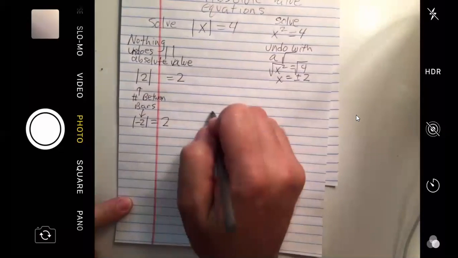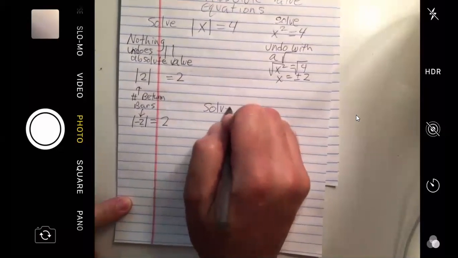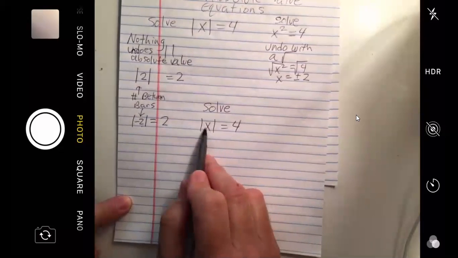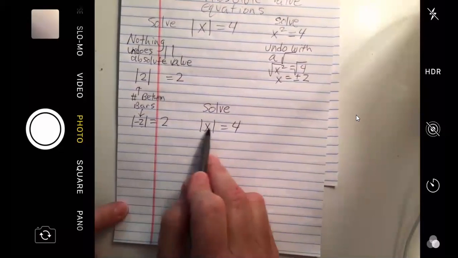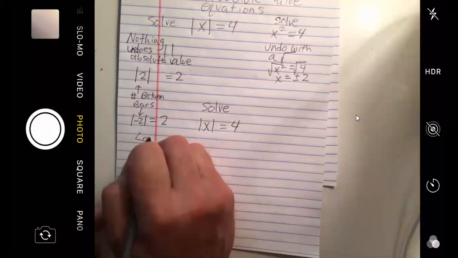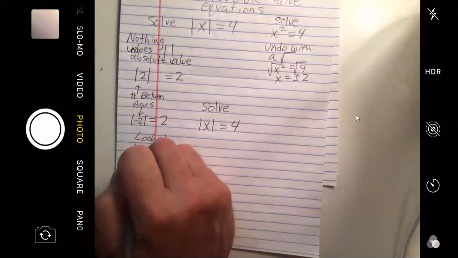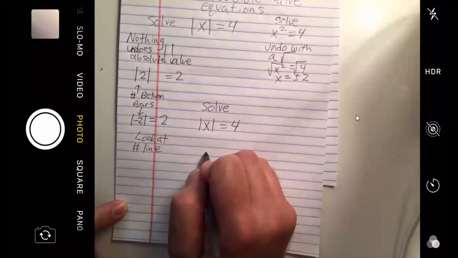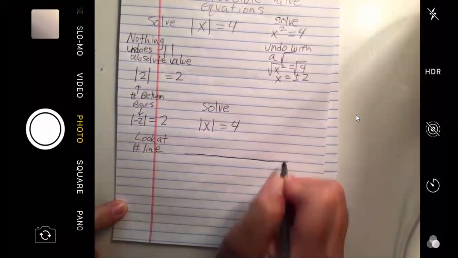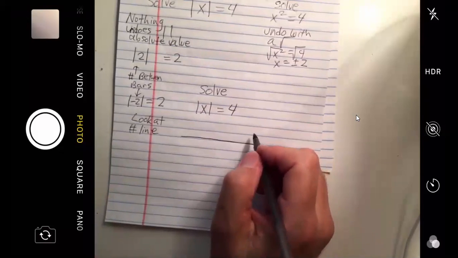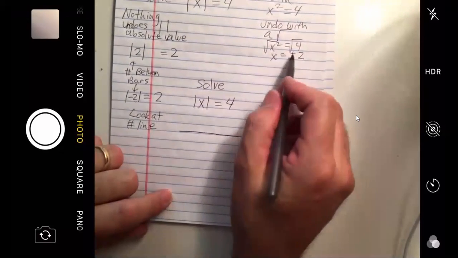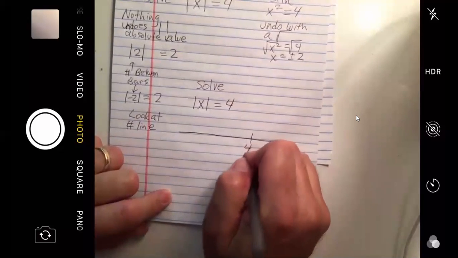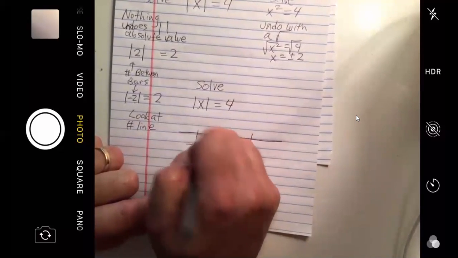All right, let me come down to solve. I'll rewrite it down here. Solve absolute value of x equals 4. Nothing undoes absolute value. There's no magic operation. You look at the number line, and it's very similar to this in the sense that you get a positive and negative. You want to put on a 4 and the negative of it.